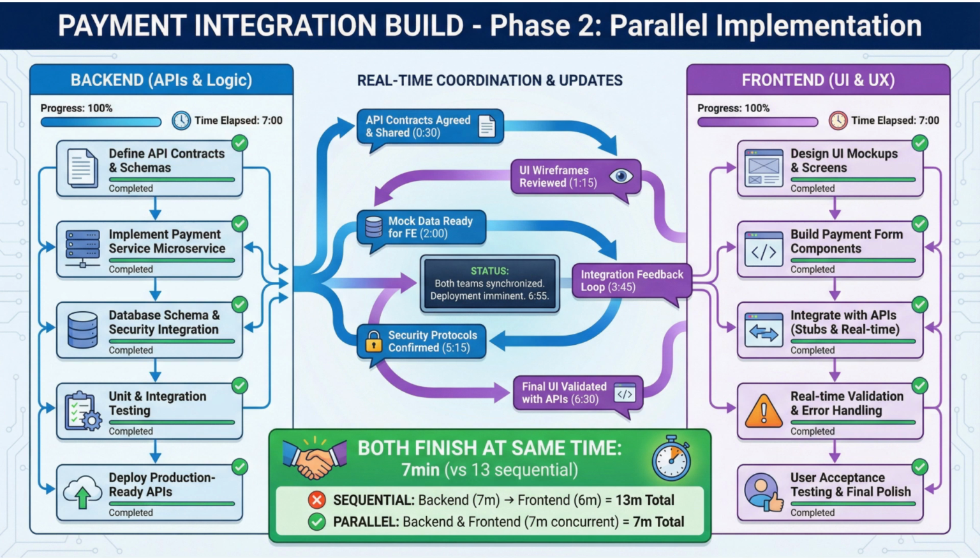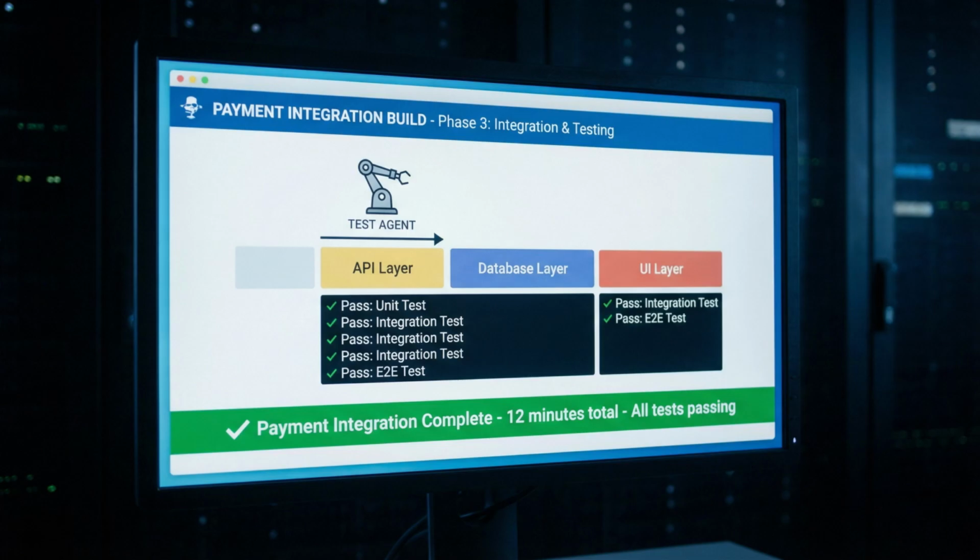Back-end finishes endpoint implementation and marks its task complete. Front-end completes UI implementation shortly after. Both worked in parallel for 7 minutes instead of 13 minutes sequential. Phase 3 is integration and testing. The lead spawns a test agent to validate the complete payment flow.